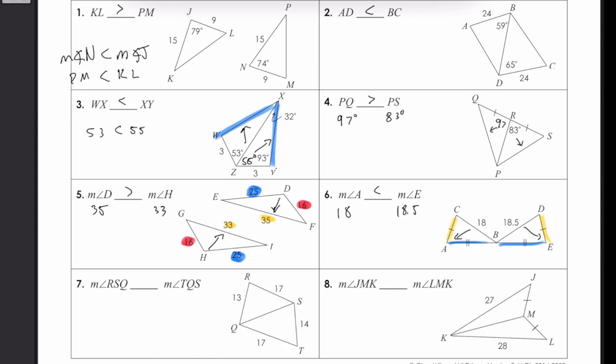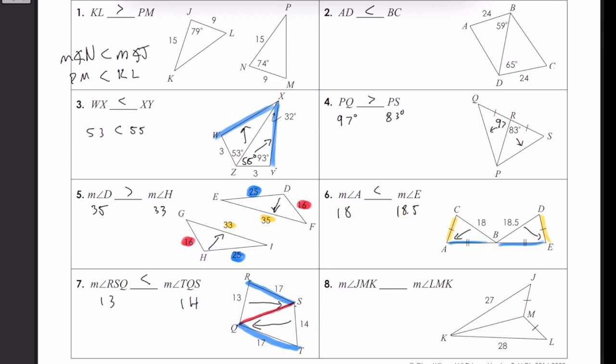We have a matching side here and there, and then your second matching side is right here. It's the side that is on both triangles. So we're looking to compare RSQ, which is related to the 13, to TSQ, which was related to the 14. And 13 is slightly smaller than 14, so angle RSQ will be smaller than angle TQS.